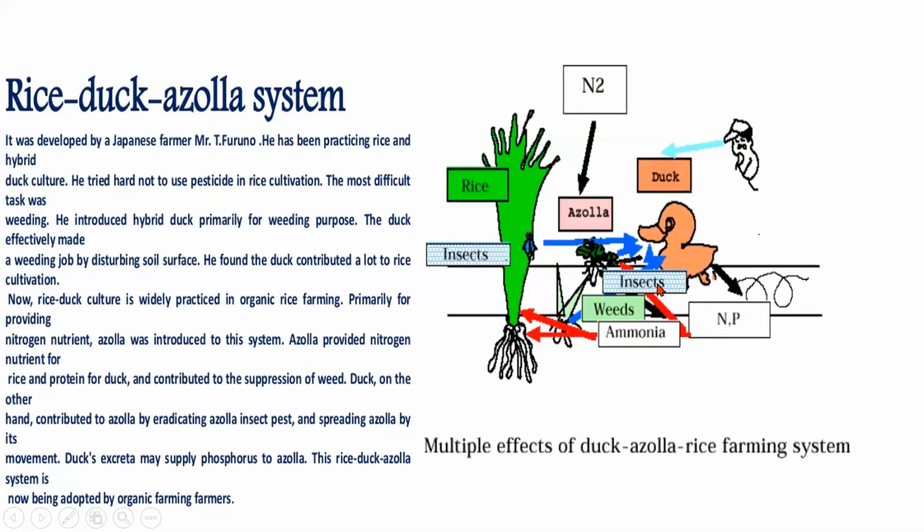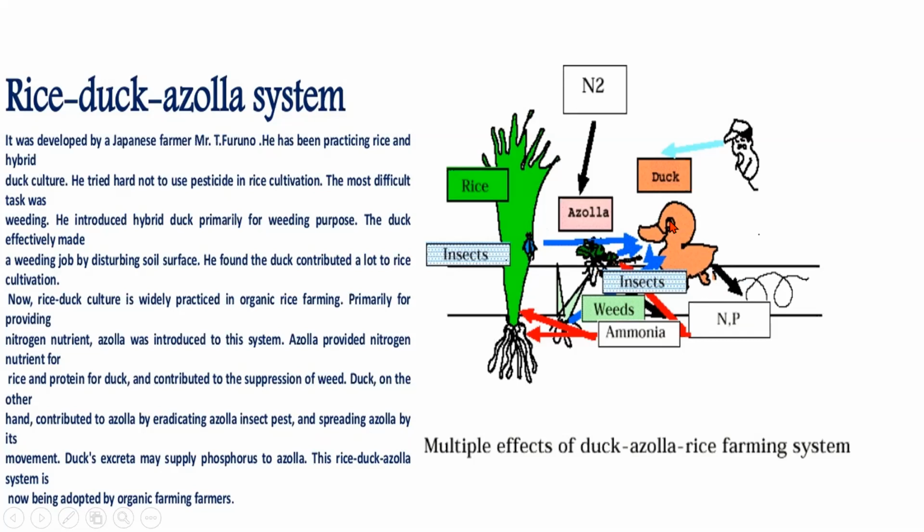I told you it feeds on the insects also, and spreads azolla by its movement. The duck will always keep rinsing the water with its beak, and as it does so it moves. So that was very useful for azolla to spread and grow, because with the movement, more oxygen is getting into the pond water. So azolla, it is useful.